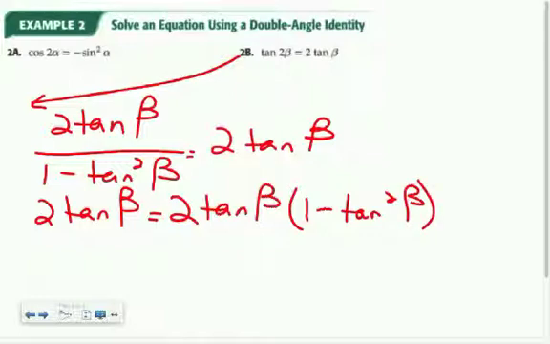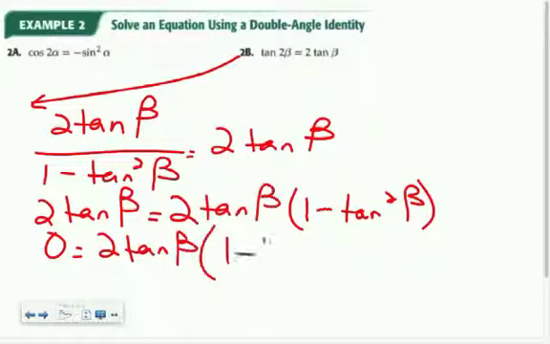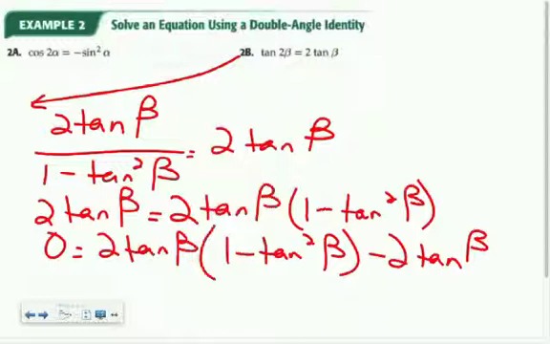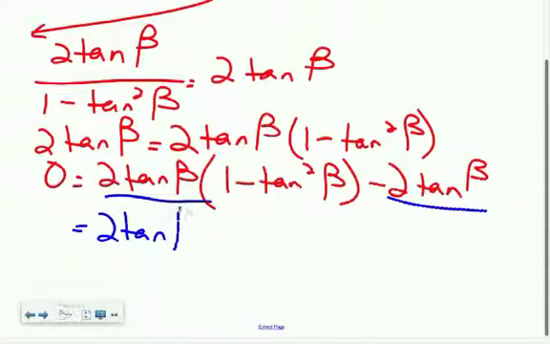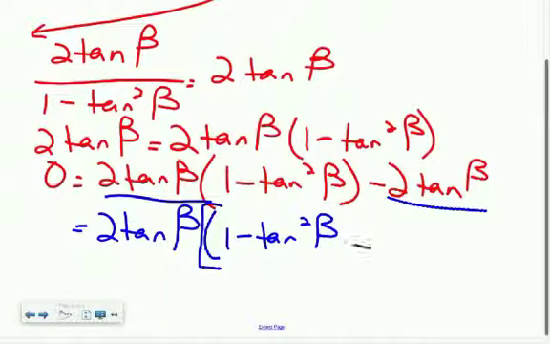If I bring everything over to one side of the equal sign so that I have a 0, I have 2 tan beta times 1 minus tan squared of beta minus 2 tan beta. Now this 2 tan beta is a greatest common factor in this expression. So I can factor it out, and I would have 2 tan beta times, and this is going to get a little hairy, 1 minus tangent squared of beta minus 1.